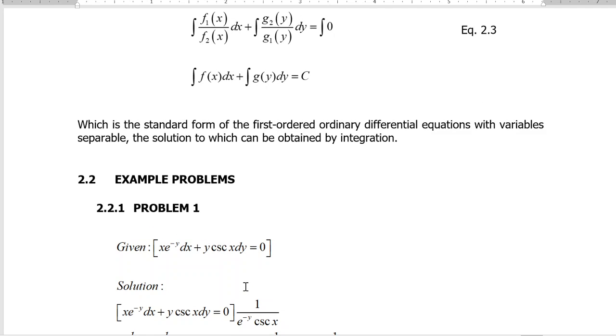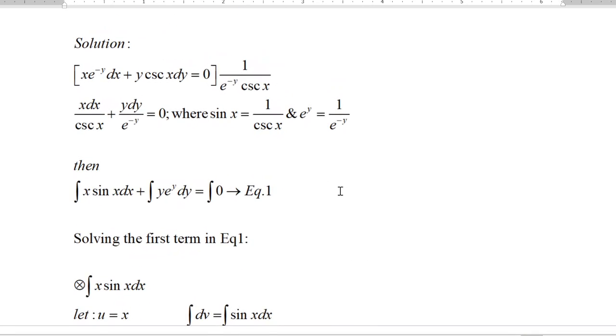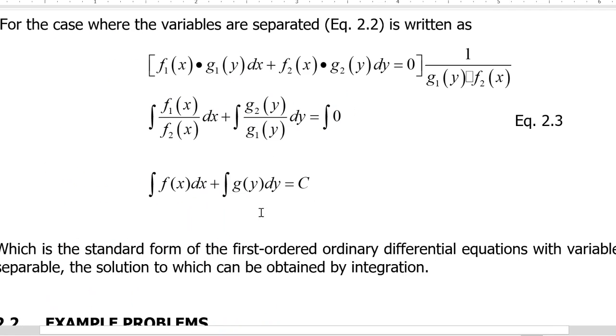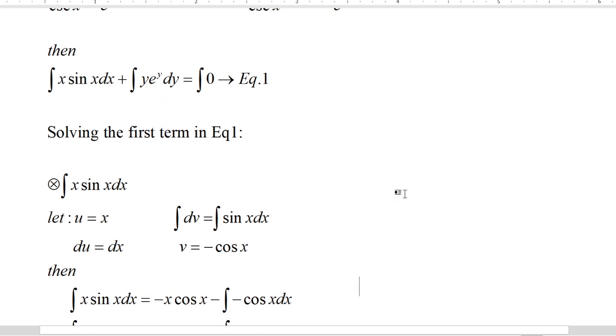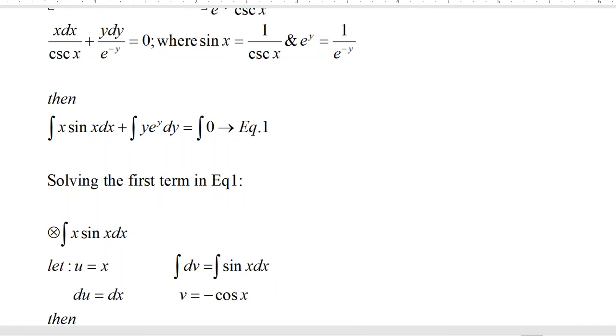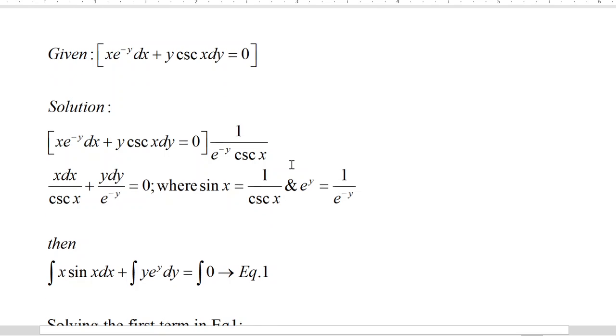Now, let us look at the first term, x e^(-y) dx. Maybe let us zoom in. So, I just enlarged it. Okay, it is clearer.